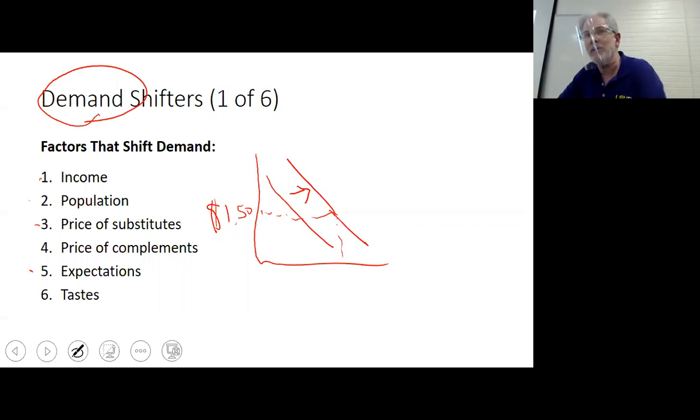The demand's going to go up. If the temperature goes down, I think I saw the other day in Colorado, it went from 101 to freezing in just a day or so. Think about what that would do to the demand for ice cream. As it gets lower, the demand is going to get lower. We don't list temperature there because for a lot of goods, temperature isn't important. But for any particular good, if you think about it, you'd be able to identify some things that would have an impact.